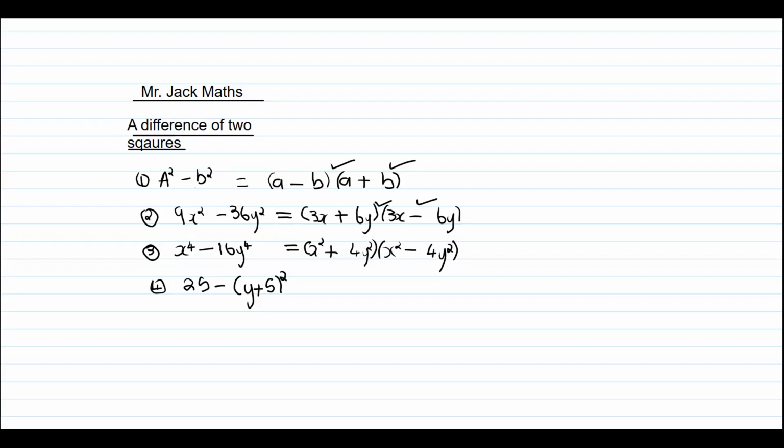I have x squared minus 4y squared, meaning that this is another difference of two squares. So it means that I can continue. So then I'm going to write what I have here. That's x squared plus 4y squared. I can't factorize that, but I can certainly factorize this. Let me just try to increase my screen here so that everyone can actually see what I'm about to do.